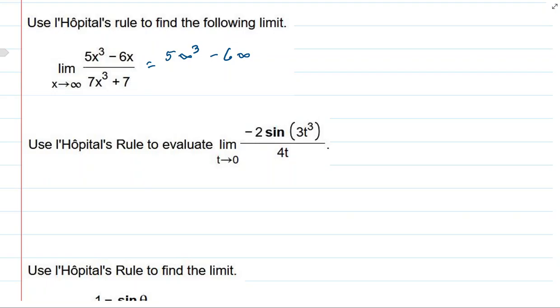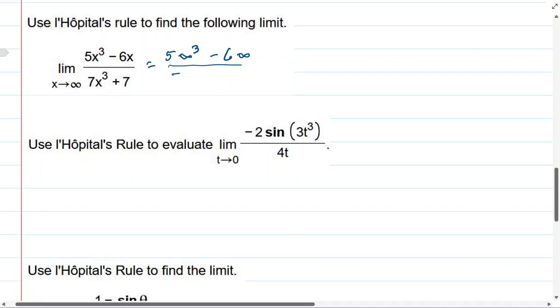Well, which one's growing faster or quicker? The first term. Yes, the first term. So that's why I'm saying it's not zero. Okay, so then on the bottom, we're going to have 7 infinity cubed plus 7.